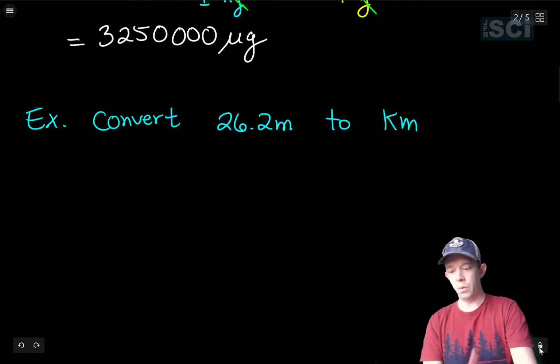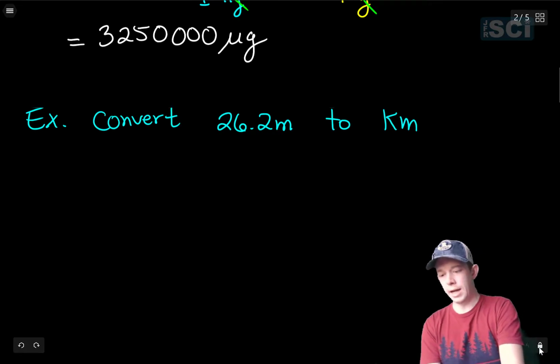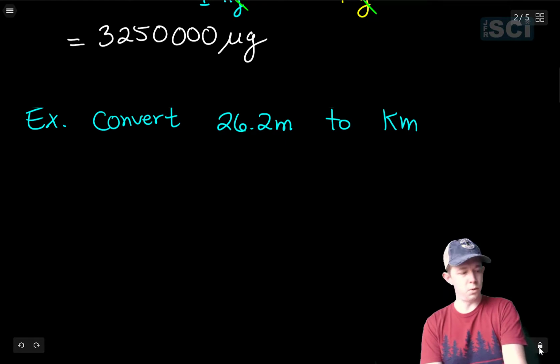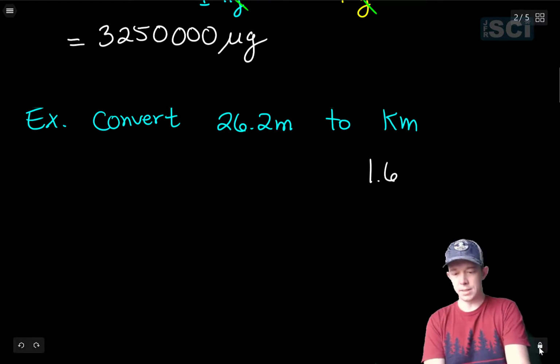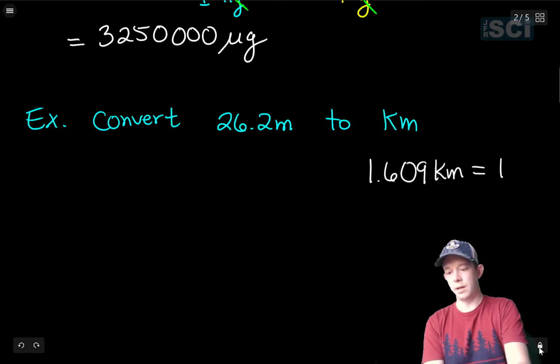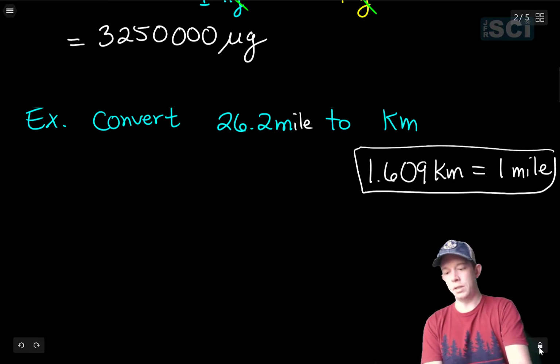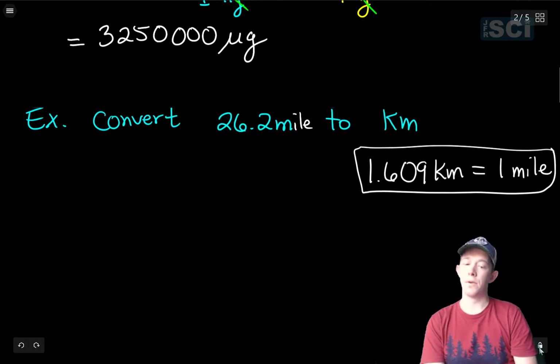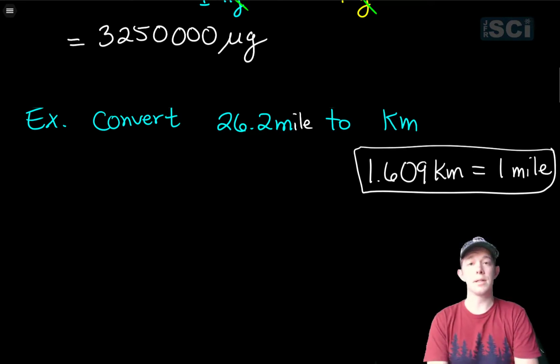One thing we need to remember is how many kilometers there are in a mile. If I look that up, I get 1.609 kilometers in 1 mile, and I'm going to put the mile here. We're going to use that conversion to convert miles to kilometers.